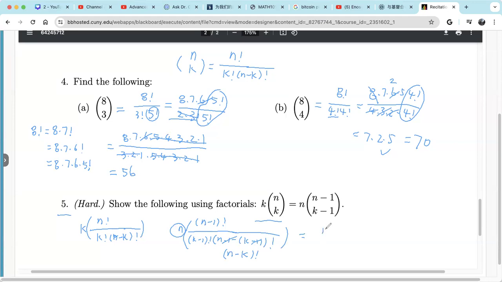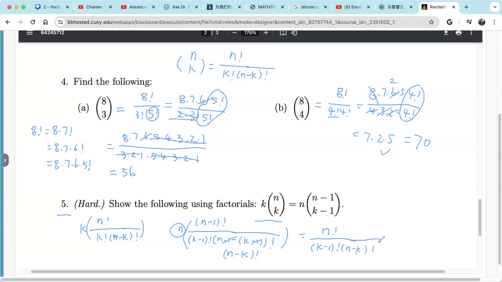That's n factorial, right? Just like 7 factorial times 8, that's 8 factorial. So n is a number 1 bigger than n minus 1. So n times n minus 1 factorial, that is n factorial. And in the denominator we're left with k minus 1 factorial and n minus k factorial.